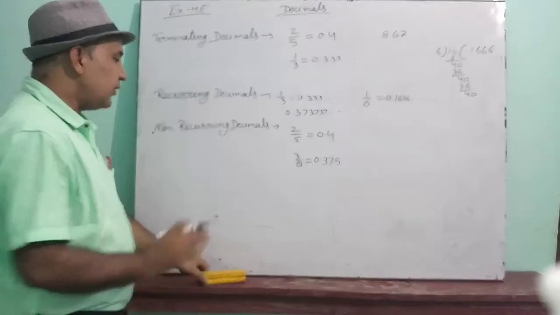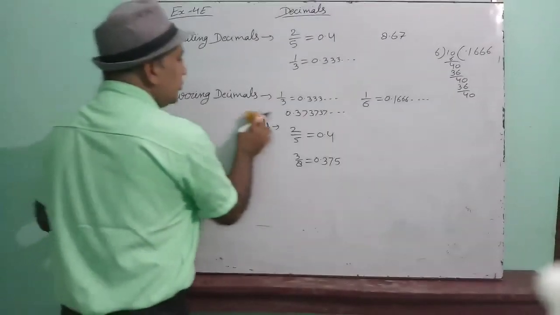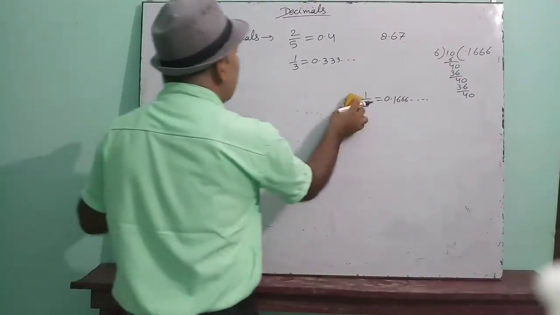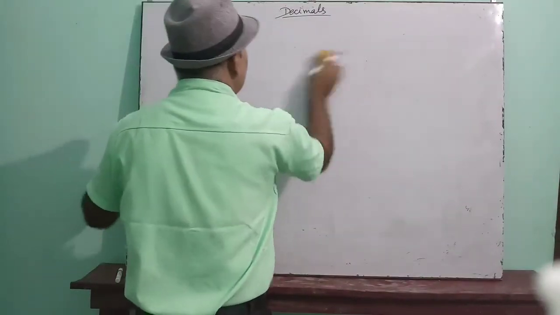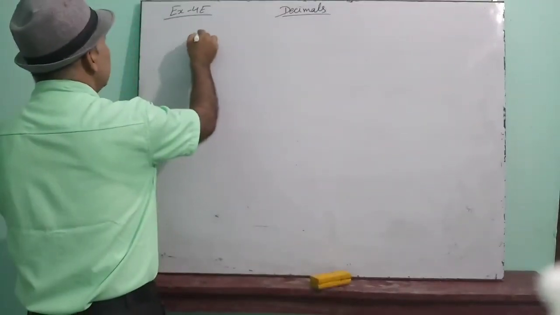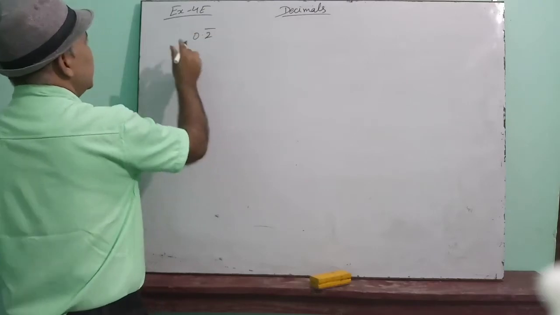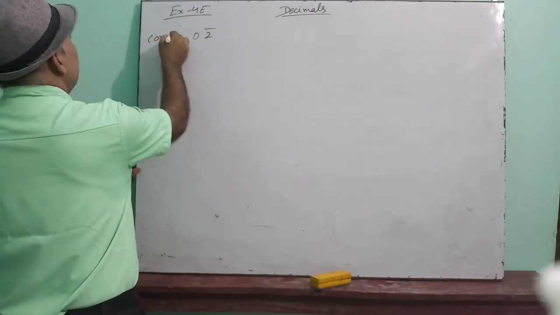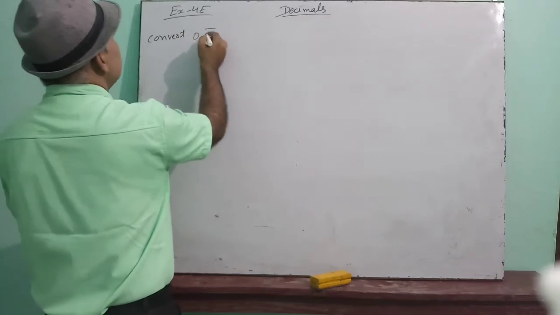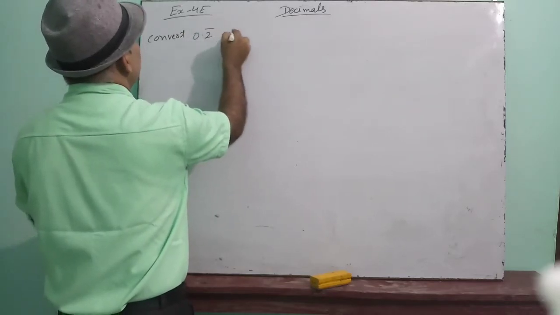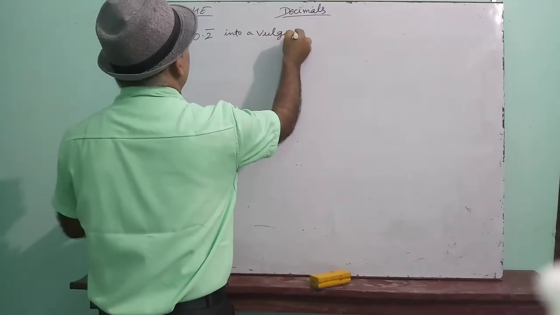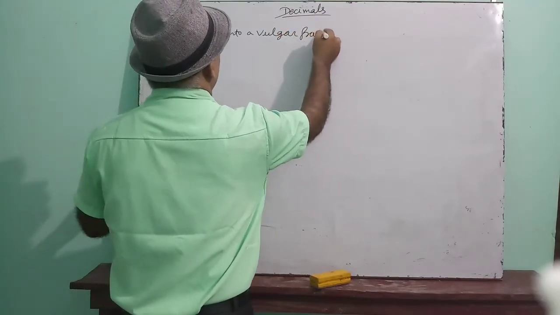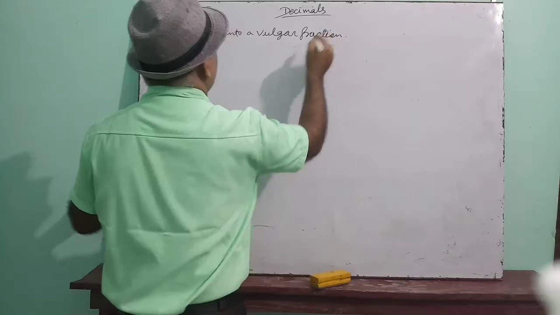Understood? Now in this exercise you have to learn how to convert recurring decimal into fraction. See this one. Your question is convert 0.2 bar into a vulgar fraction.